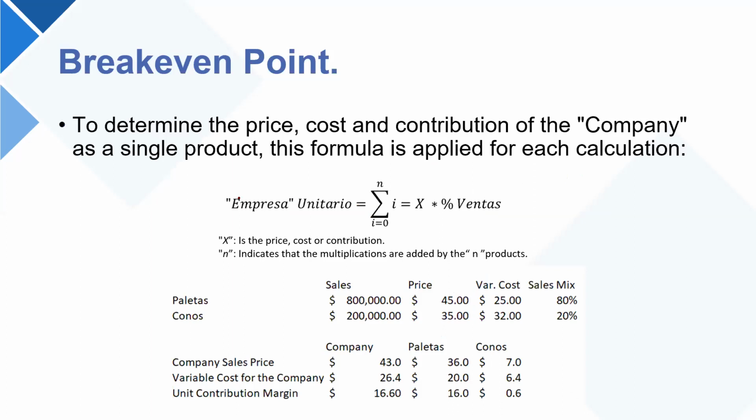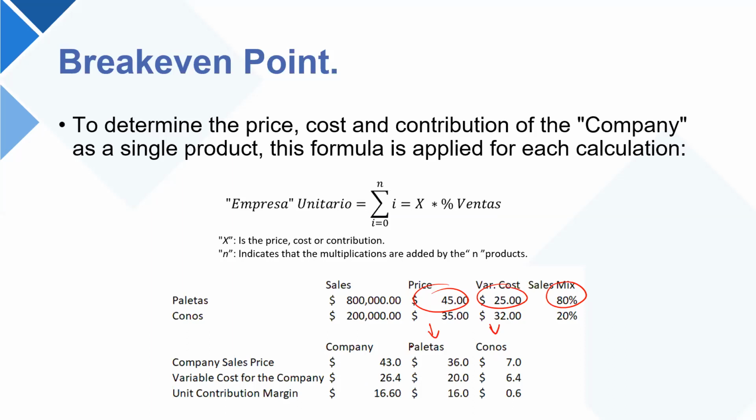How do I find then the break-even point on a sales mix? Well, you need to apply a weighted average. Applying a weighted average is basically just multiplying the contribution of each of the products times the units that you want to weight. So we have popsicles and we have cones, all right?